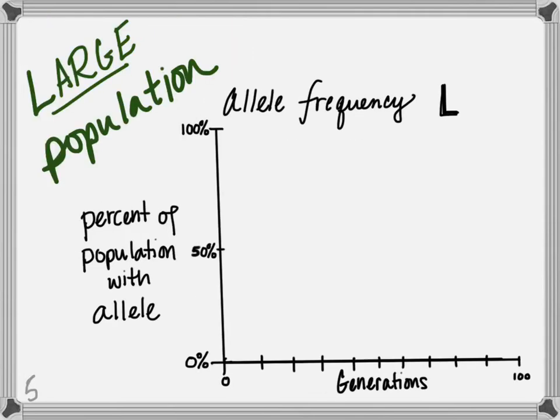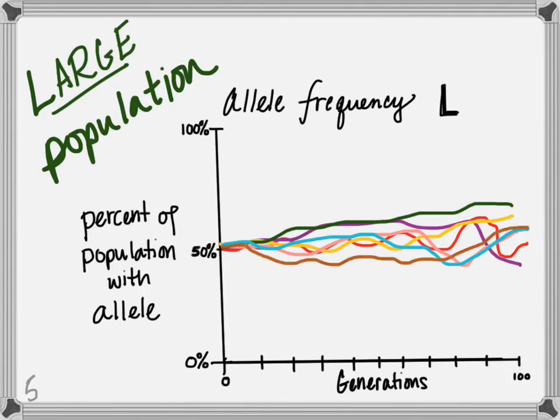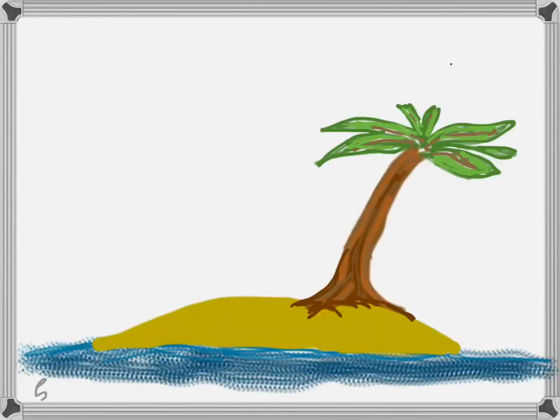Now, in large populations, this doesn't usually really change distributions or allele frequencies. This is us running a whole bunch of simulations over a number of generations and finding that overall, allele frequencies don't change that much. But in a small population, genetic drift can change things in a hurry.